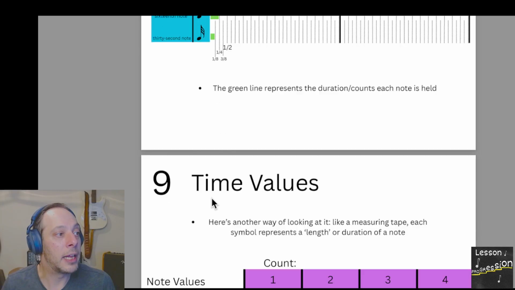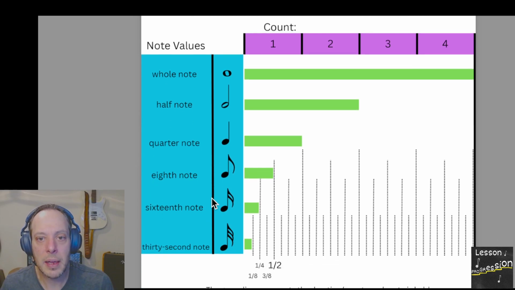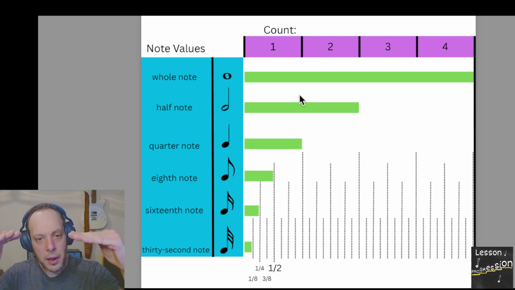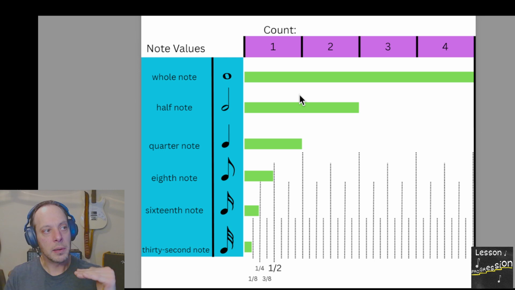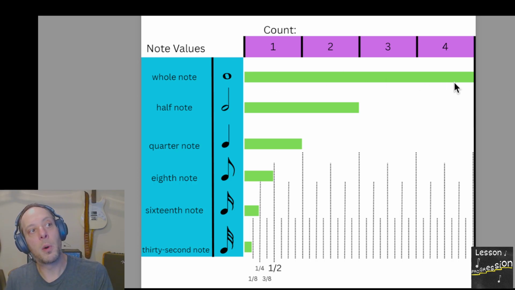Let's take a look at that again, but zoomed in a little more, a little easier to see this way. So here we have it. And again, every subdivision, like I was saying, we're literally cutting it in half. So half of the whole note is the half note. You can see the name even says it. The whole note takes up this whole 4 count. The half note is half as long.